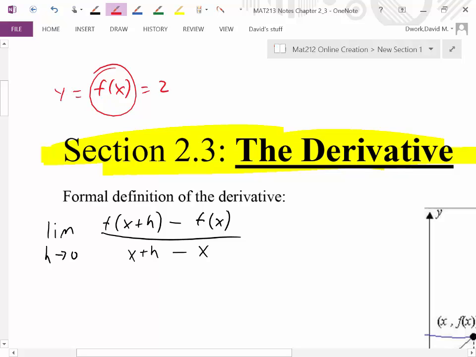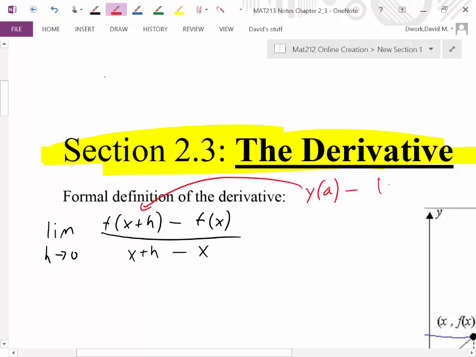So here what we're saying is we want to evaluate our function at some number, a y value, minus another y value at a different number, over, and then you'll notice down here, if you break it up like this to make it fit into slope, there's just our one value that we were looking at, because here we had x plus h, and over here, think of that as b and b.